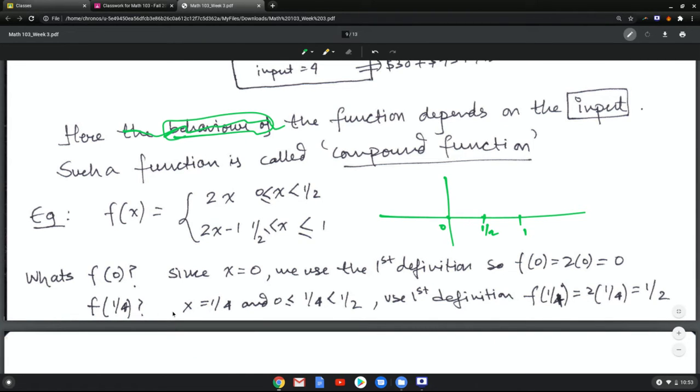And f of 1/4 here I have plotted out because 1/4 is between 0 and half. It gives me 1 half. So somewhere here. Sorry, at 1 half, I should probably include this here.